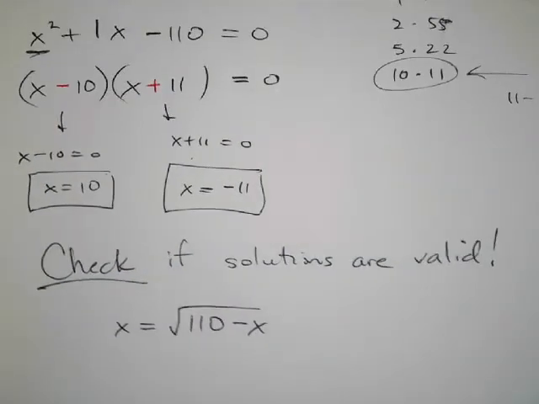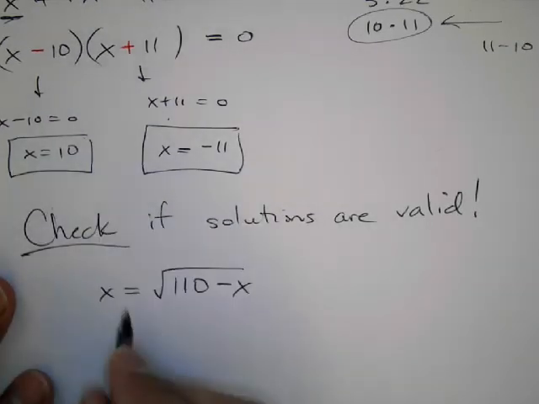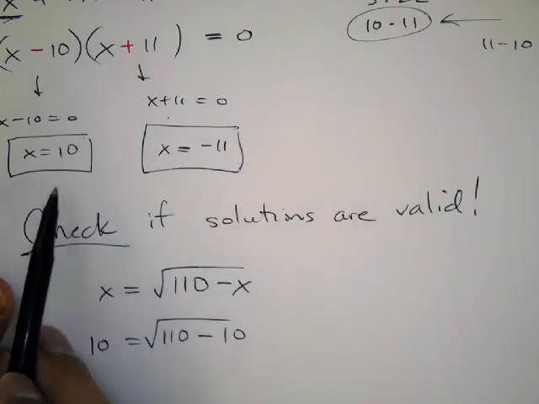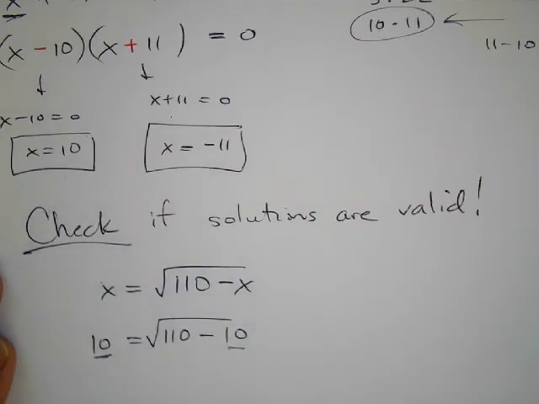x is equal to the square root of 110 take away x. I'm going to check this first one. If x equals 10, I'm going to put a 10 here. 10 is equal to the square root of 110 take away 10, right? Everywhere there's an x, I'm putting a 10.